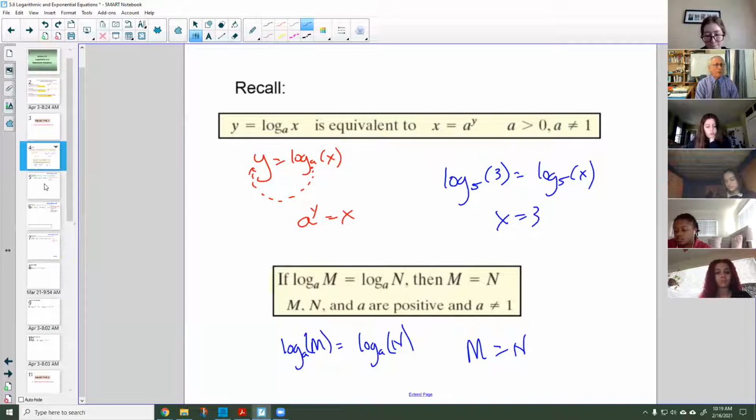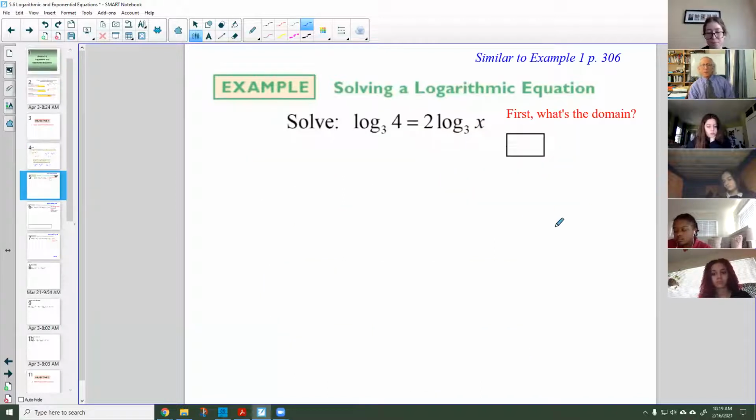All right, so we're going to use those. I have log base 3 of 4 is equal to 2 log base 3 of x.